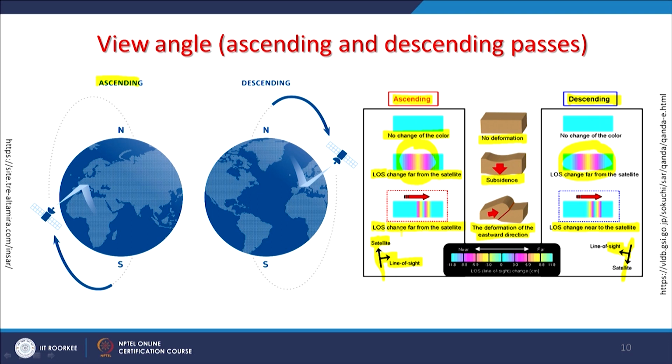And also, by counting the fringes and multiplying by half the wavelength, that is the wavelength divided by 2. So, if a wavelength is say 5.6 centimeter, then 2.8 is the value which is half of the wavelength, times the number of fringes.